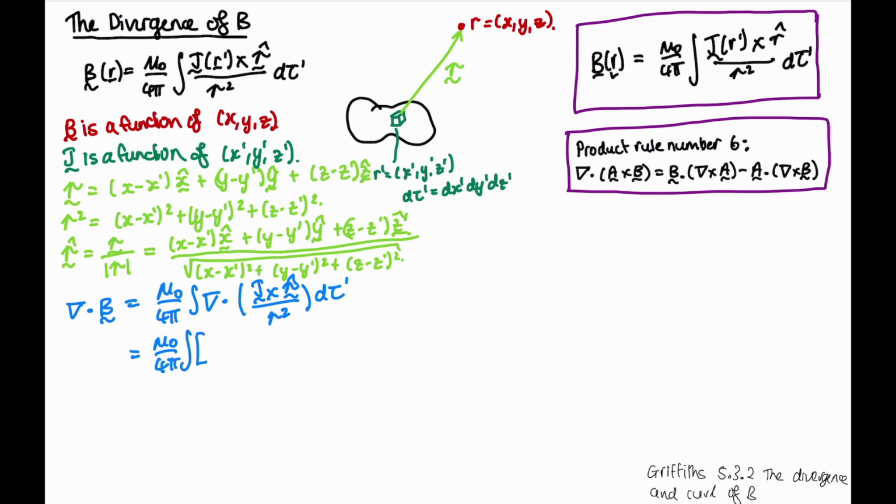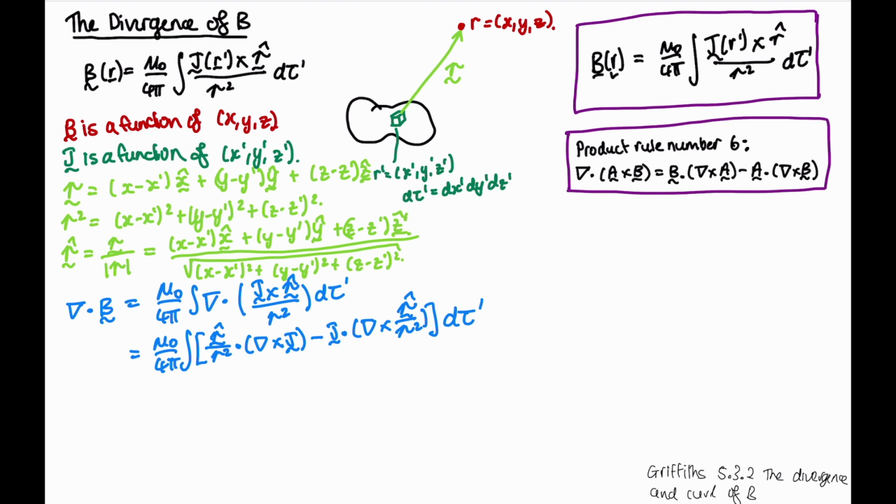And now in this case, J is A, so this is the current density, and r hat over r squared is equal to B. So we've got the unit vector in the r direction divided by r squared, dotted with the curl of J, and then minus J dotted with the curl of r hat over r squared, and then we've got d tau prime.